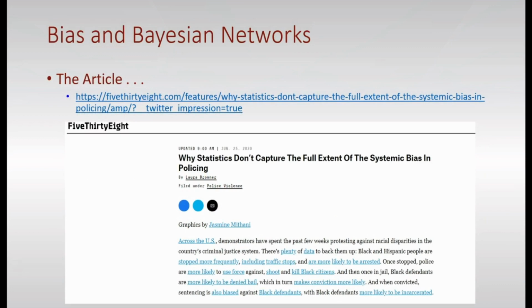But what happened was after I read all this, I ran into this article. It appeared in 538, written by Laura Bronner. The paper basically discusses how when you base evidence on police encounters, which she considers a collider, that can hide evidence of bias. So it was just a part of my morning reading. I ran into this article in 538 and I was like, wow, this is interesting.